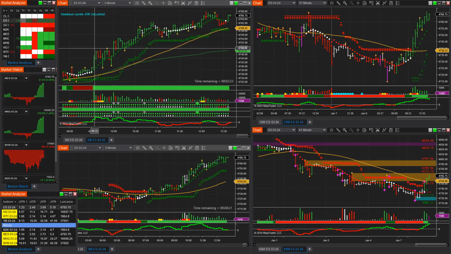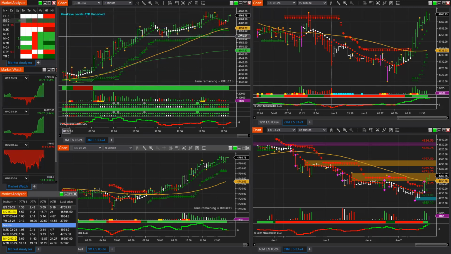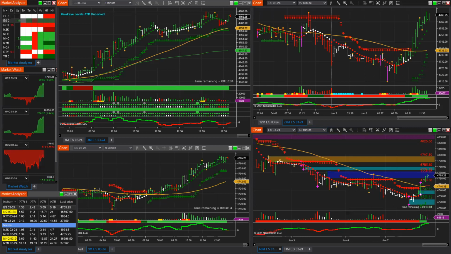Same entry points. 933 entry point. Put your levels on. We hit a level 3 first and then a level 4. So the chart's the same. You're looking at the same point. Looking at the overall longer term, which is looking at an 81 minute. You can pull up a 60 minute if you prefer the 60 better.